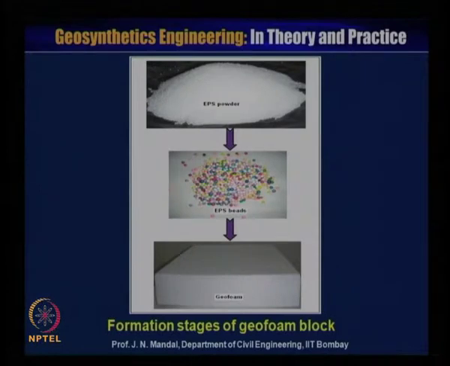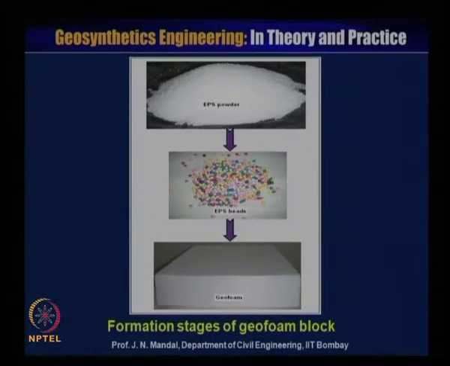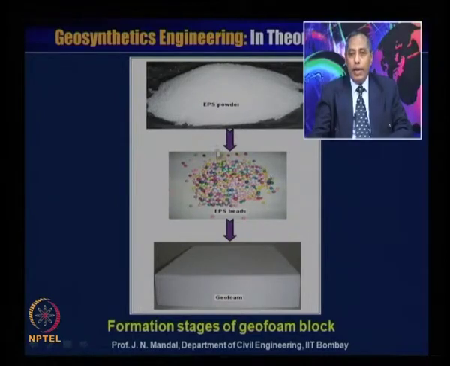So here you can see that expanded polystyrene is available in the form of powder. You can see here almost like a powder, and then you can make beads. So you use something like a bag, an EPS beads bag.